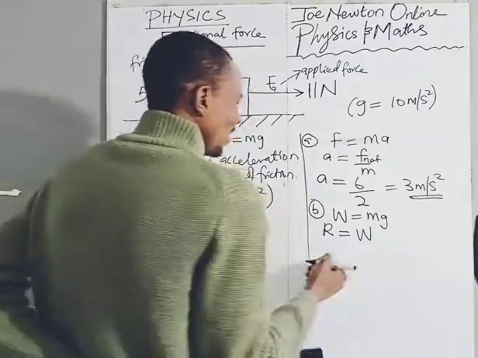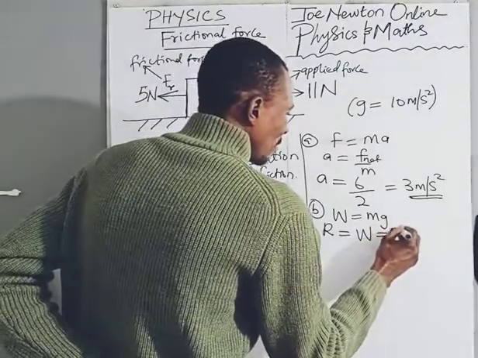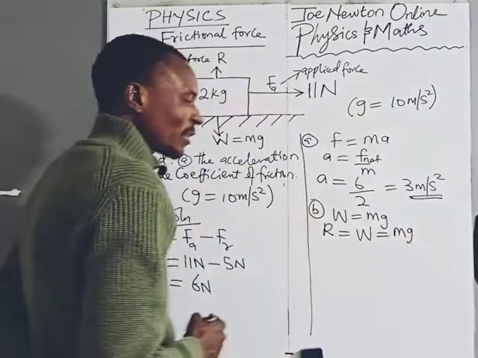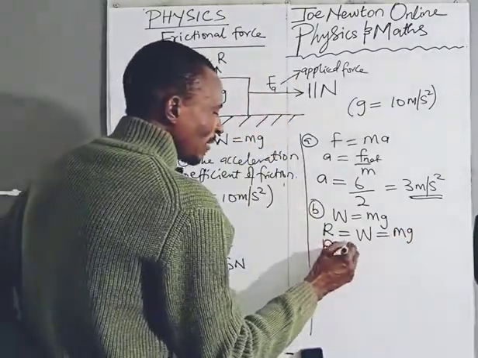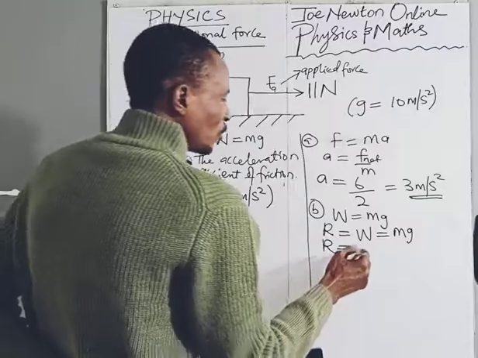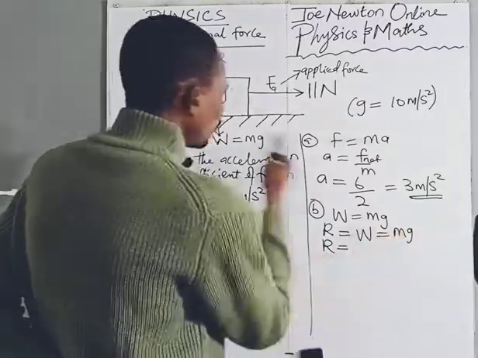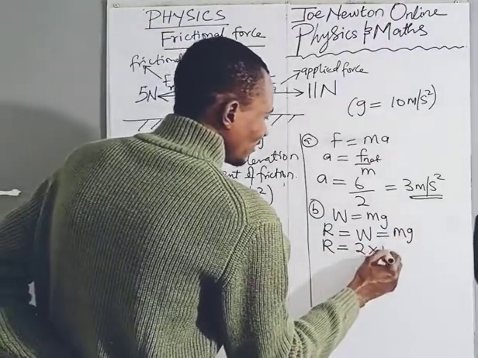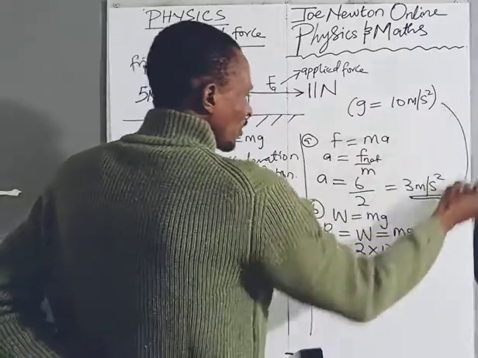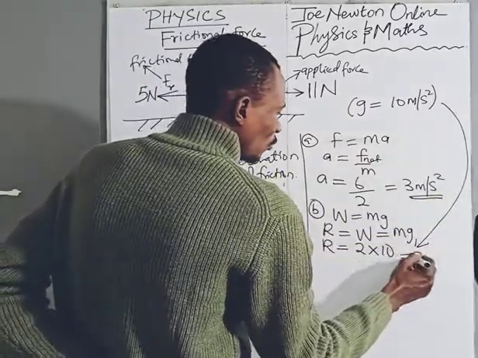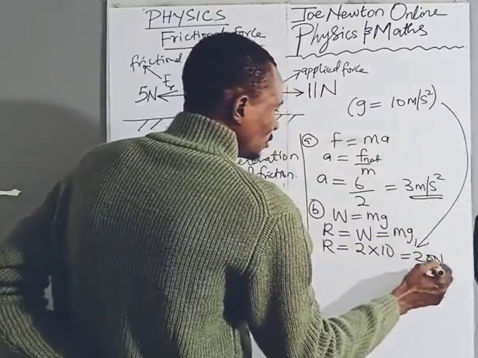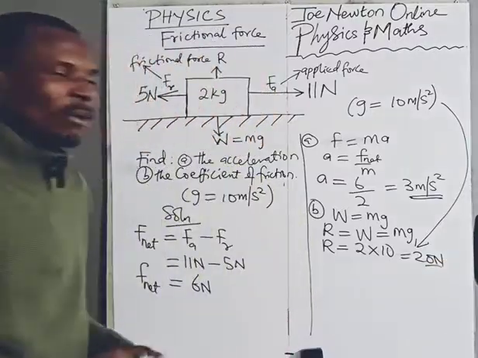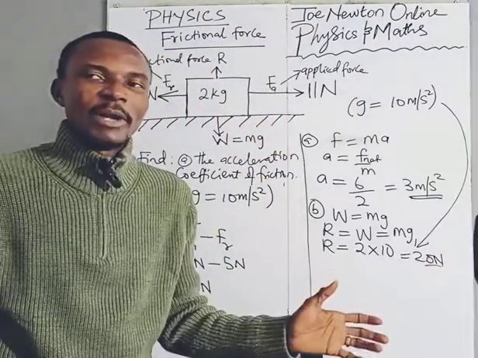So this will give us equals to mass times acceleration due to gravity. Therefore, our normal reaction is equal to the mass of the body, 2 kg, times 10, acceleration due to gravity. That will give us 20 Newton. So that's the normal reaction, which is also the weight of the body.